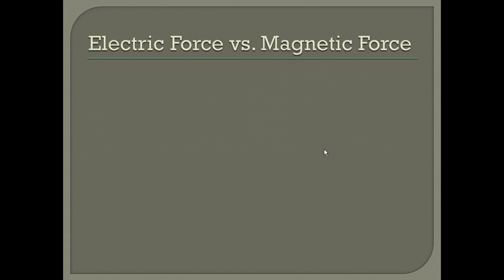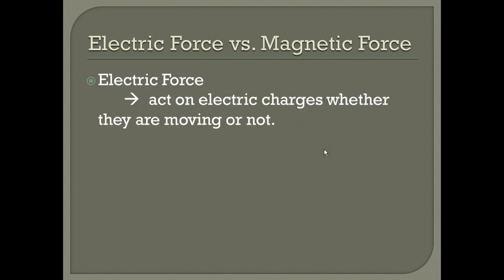Okay, so let's try to compare and contrast electric force versus magnetic force. Okay, so as we know, electric force is the type of interaction that acts between charges whether they are moving or not. Of course, we have discussed this in our early presentation of Physics 2, and this is quantified using Coulomb's law.